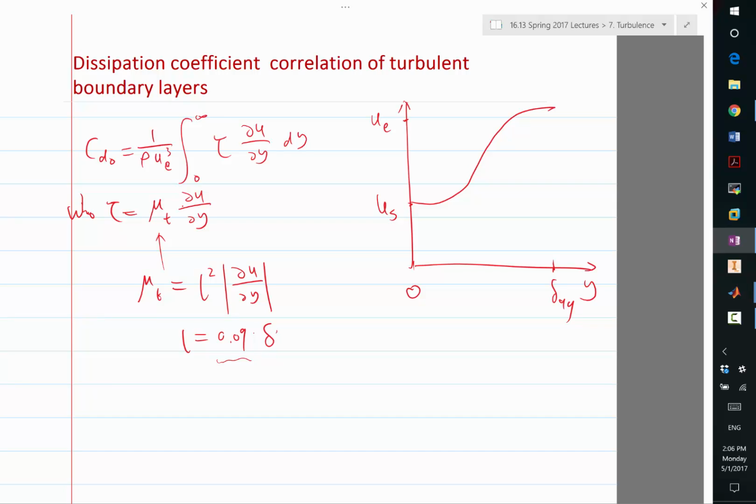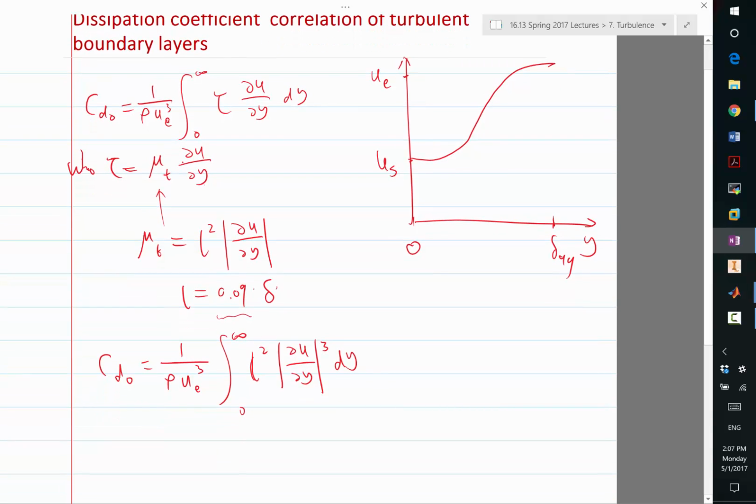All right. So with that, we plug it into the tau and we can integrate. So my CDO is equal to the non-dimensionalizing factor. We have this L squared, so L is a constant, so we can just write it as L squared times mu t times du dy to the third power dy, right?